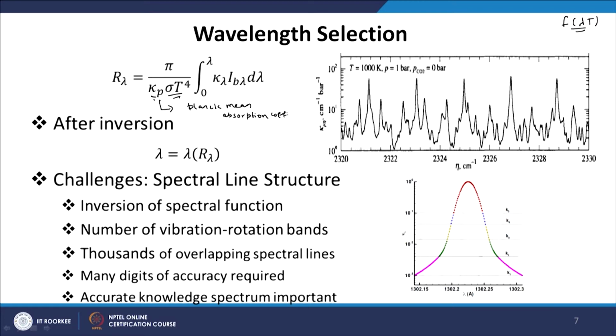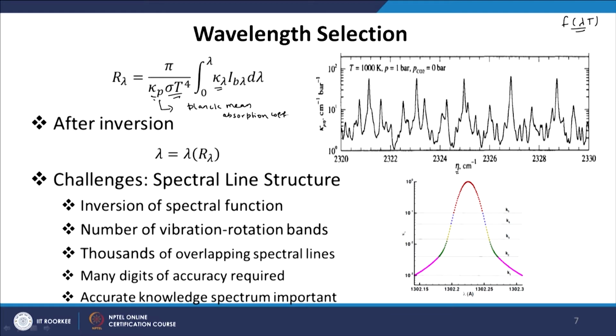Now, what makes this relation very difficult to invert, as opposed to wavelength selection from a surface, is the variation of kappa lambda. On this picture you see the variation of kappa lambda. The picture is taken from the textbook, where the color is represented by wave number rather than wavelength, but the context remains the same.